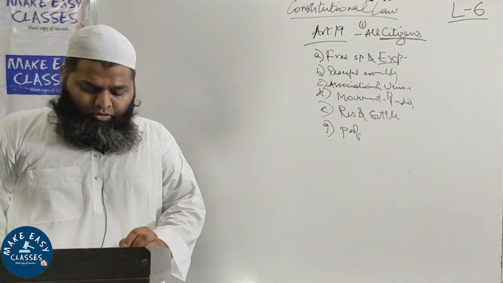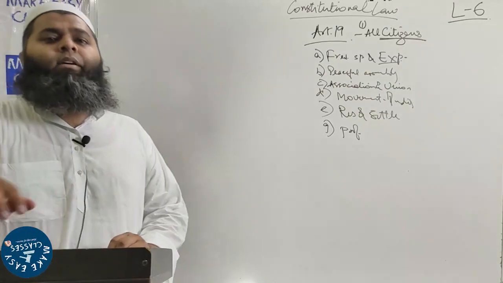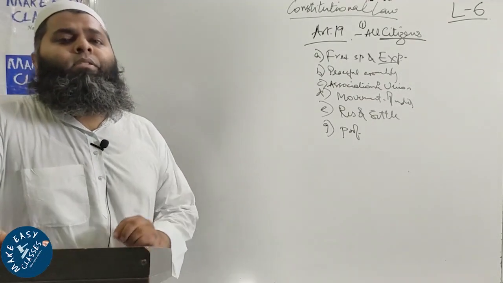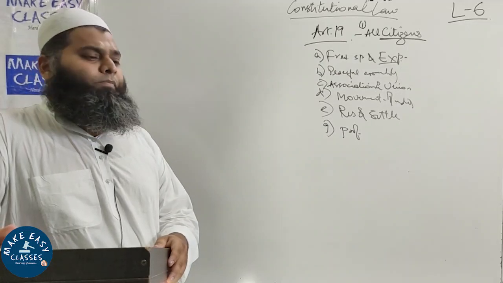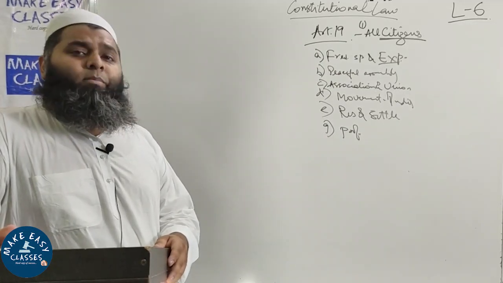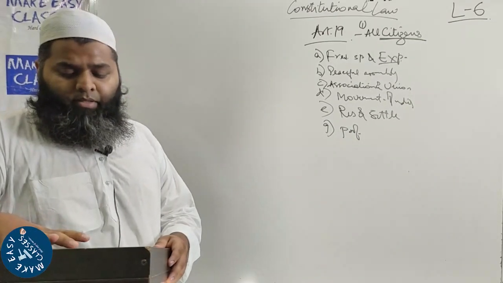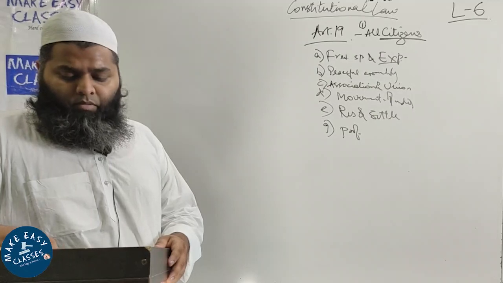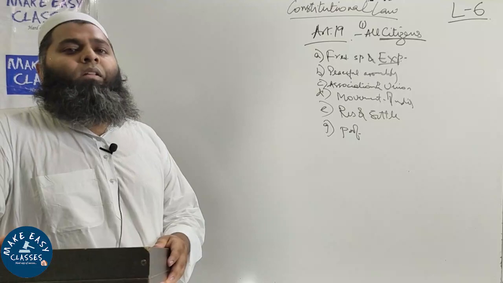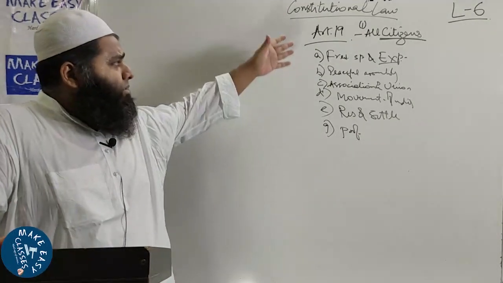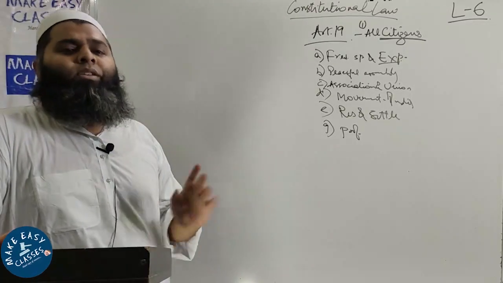Citizens means natural and juristic both. Previously we have dealt that citizens means natural citizen, that can be a male or female, and juristic person means the corporation. So article 19(1) basically deals with the citizens, that these freedoms or these expressions will be given to the citizens of this nation.